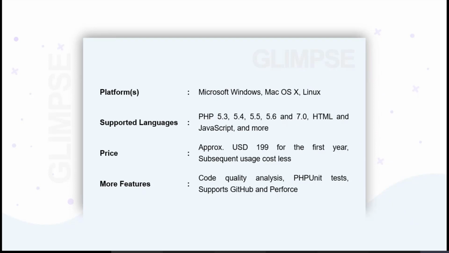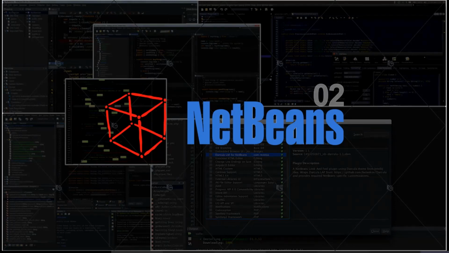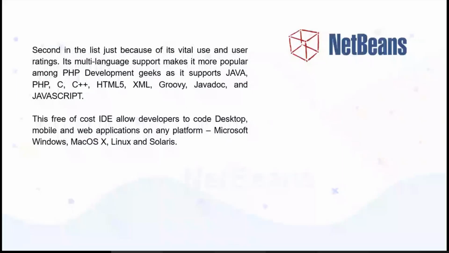For pricing, if you go with the pro version, it's approximately USD 199 for the very first year, and then it depends upon your usage as well. For more features, it provides code quality analysis and PHP unit testing, and it supports GitHub and Perforce compatibilities as well.